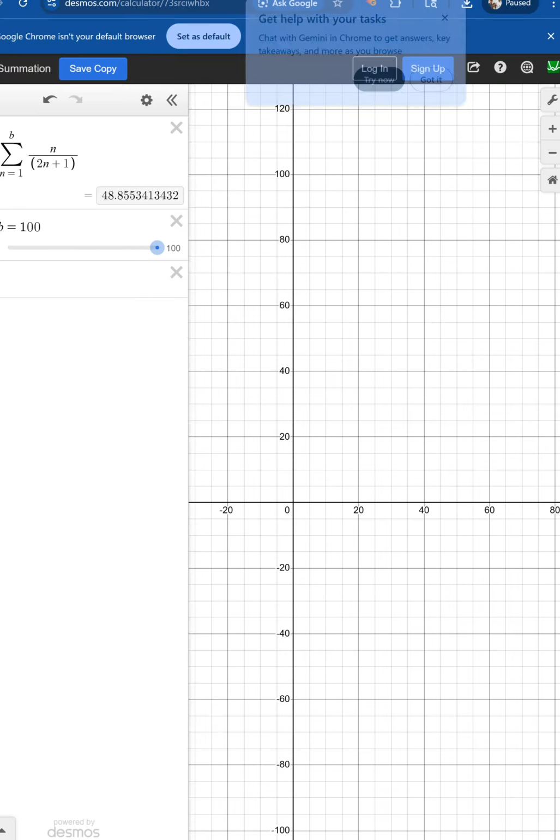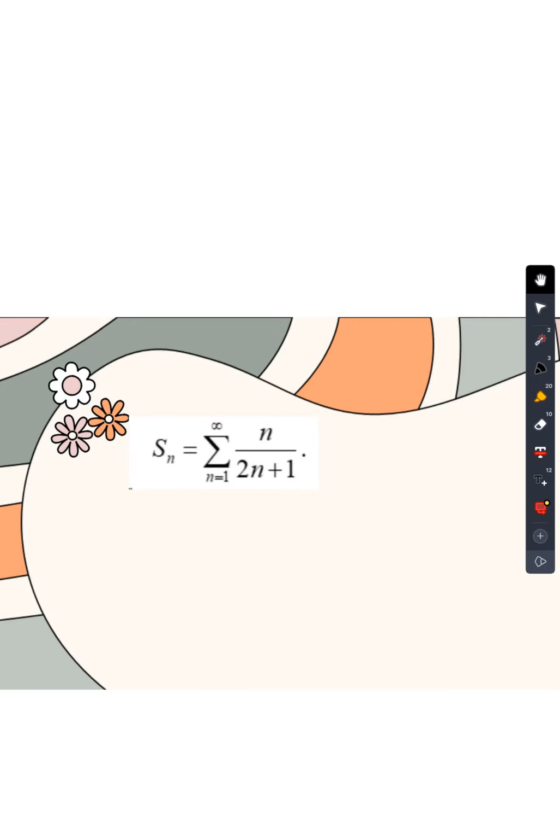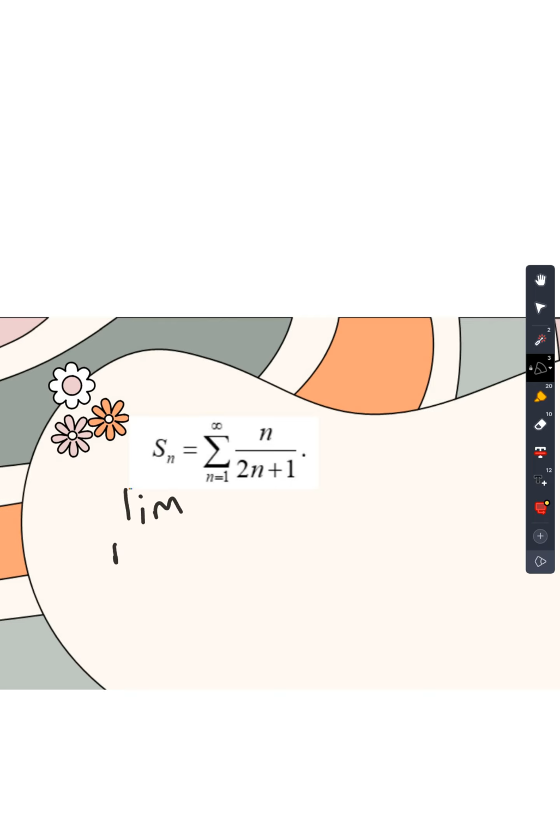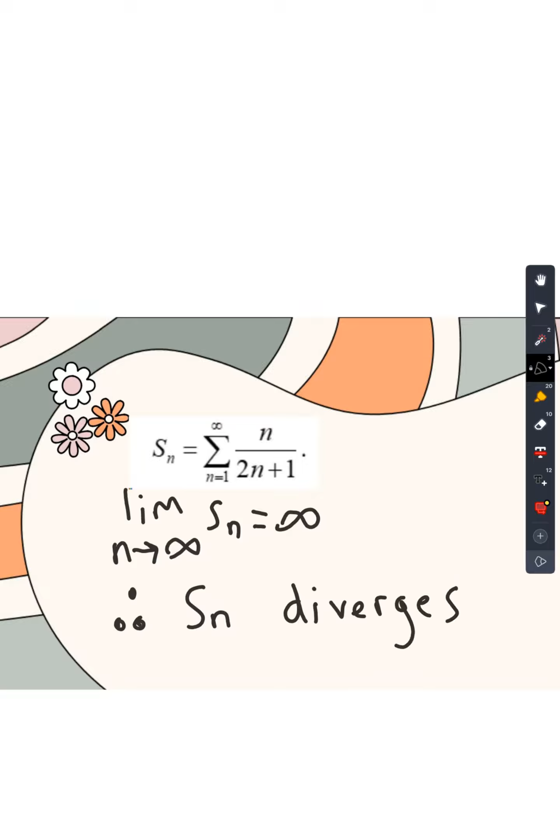So if we were to look at the limit of this, my limit would just be infinity, which means that this sum diverges. Just like with our a sub n's, if it doesn't go to a particular number, then it is divergent.